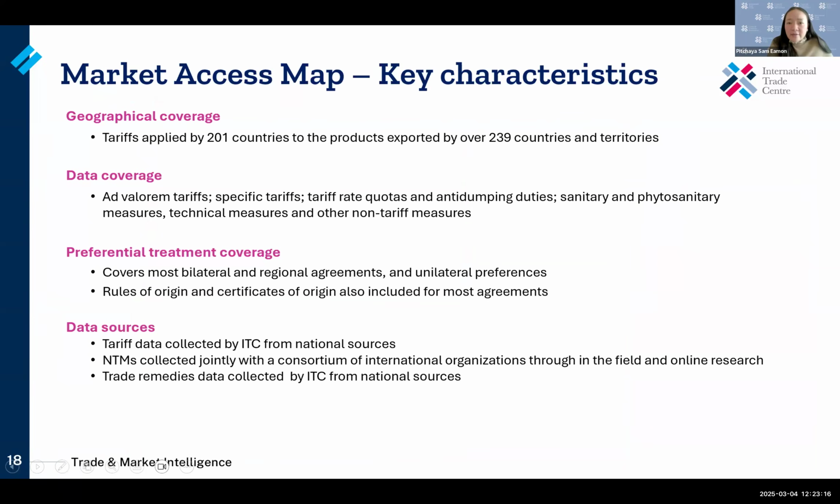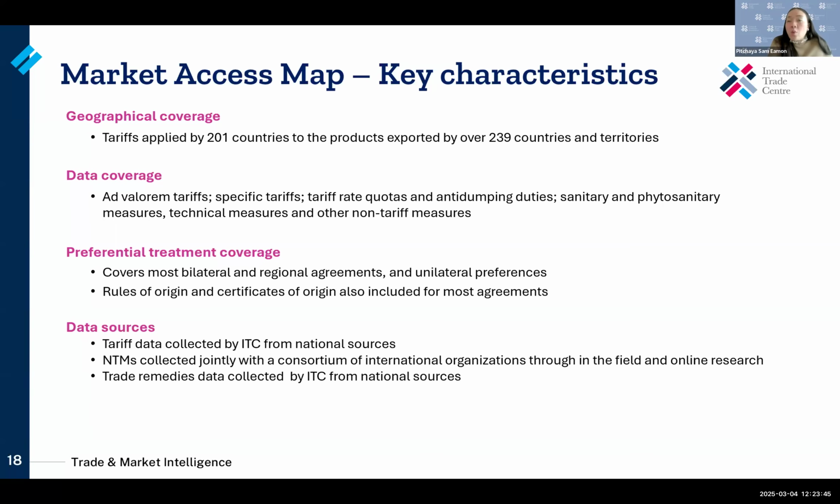And then this is the characteristic of Market Access Map. We cover all countries around the world. We provide the data coverage for different instruments. We have different tariff regimes, trade agreements, non-tariff measures, phytosanitary measures, technical measures. Whatever you need to know is available in Market Access Map. Okay, the data source, we collect it ourselves.